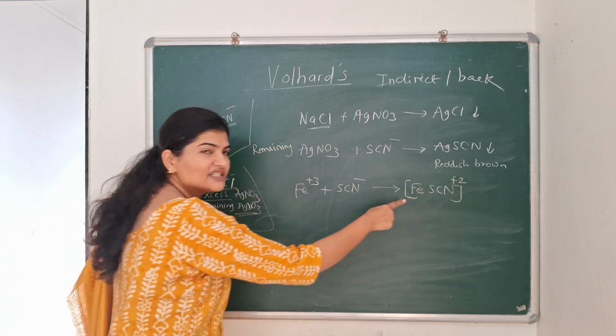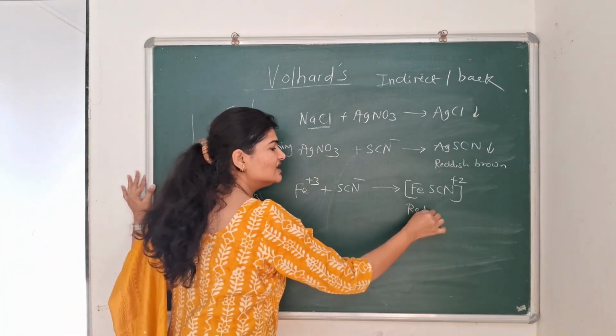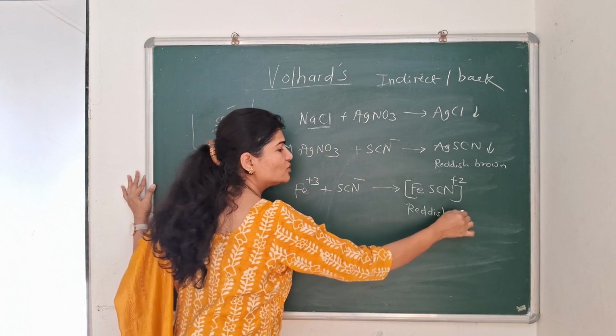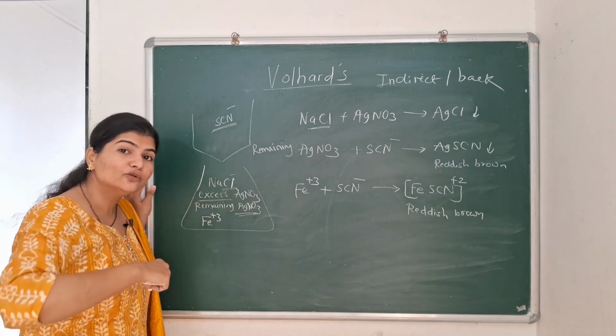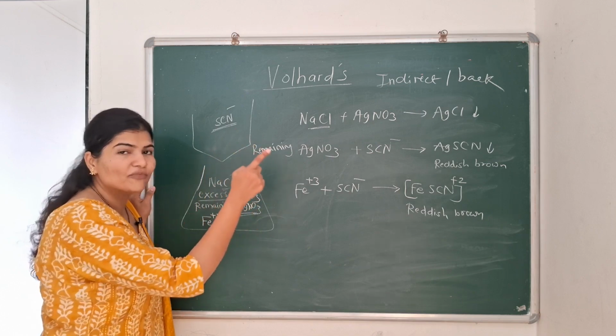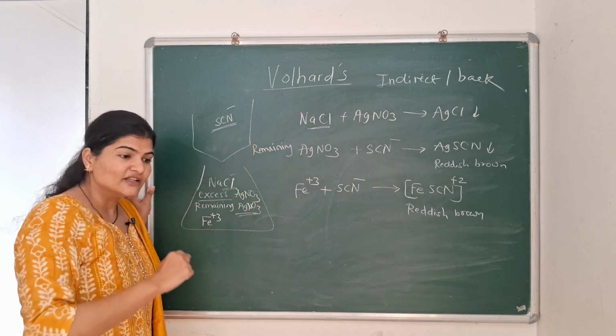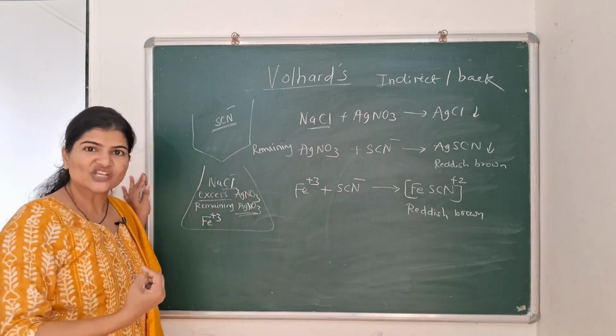So this complex which is formed is a soluble complex, and it gives the solution a reddish brown color. Now reddish brown color is imparted to the entire solution. It is not that we are seeing formation of colored PPT. It is the entire solution that is getting colored in the reddish brown shade.